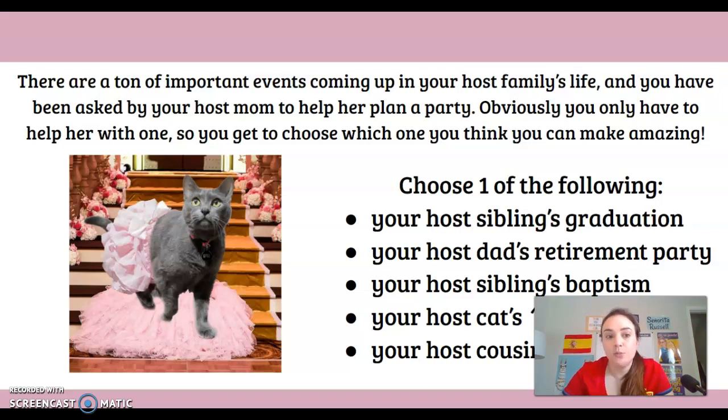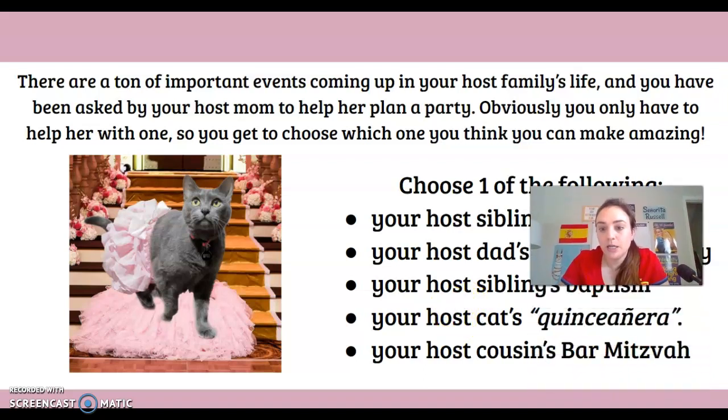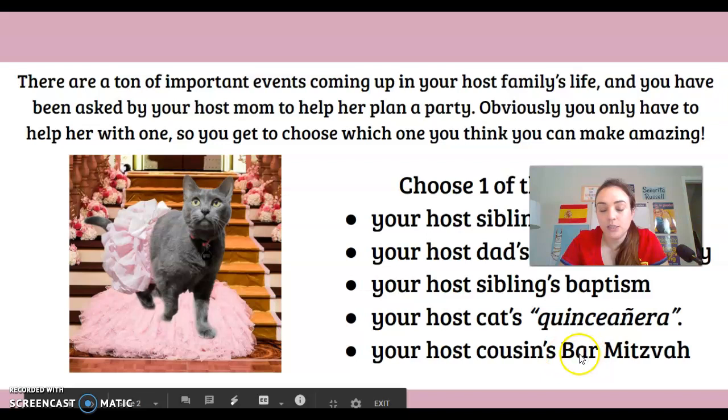Obviously, you only have to help her with one, so you get to choose which one you think you can make amazing. So you can choose your host sibling's graduation, your host dad's retirement party, your host sibling's baptism, your host cat's quinceañera, or your host cousin's bar mitzvah. So any of those.